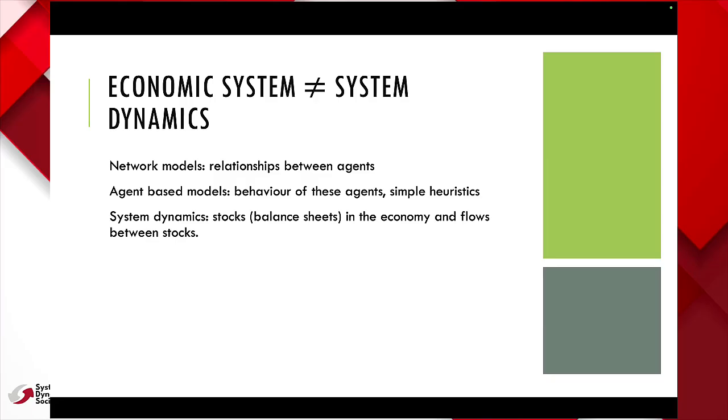So there are stocks in the economy, but they are related to agents, and you can use system dynamics to make these flows more visible. And not only between the economy, within the economy, because we see the economy as an embedded system. So if you take this approach, you can also embed the system in the environment and see what the economy does to the environment as a broader system.